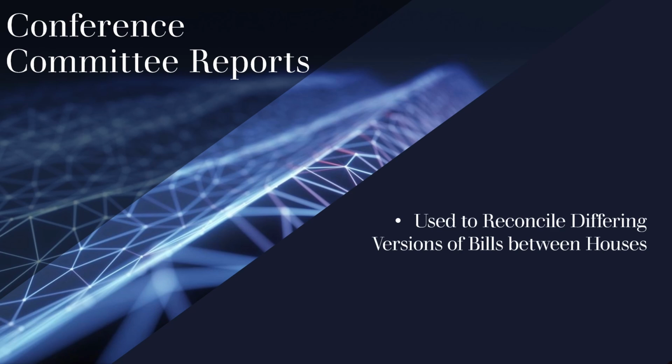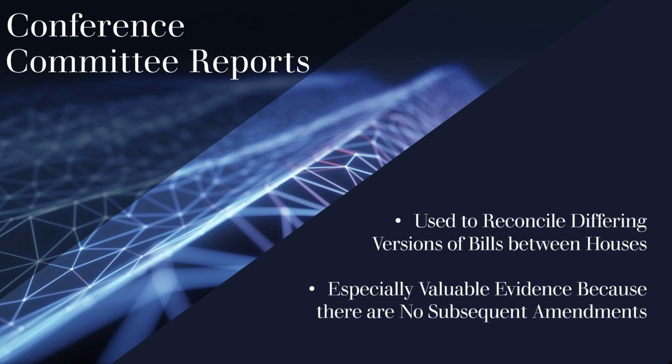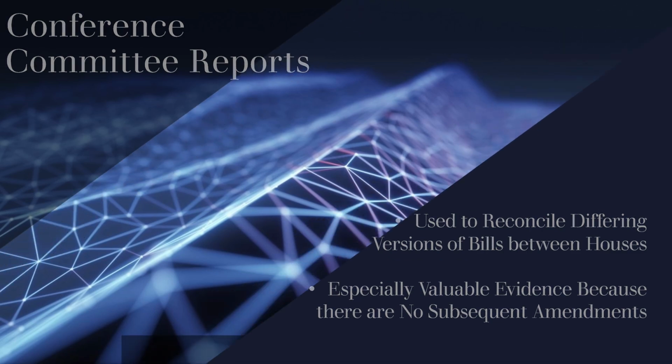When the conference committee advances the compromise bill to both houses, it also issues a conference report, which explains their draft of the bill. A conference report is especially useful as evidence of legislative intent because that draft is the last time the bill will be amended before enactment, so its author's statements are particularly informative.